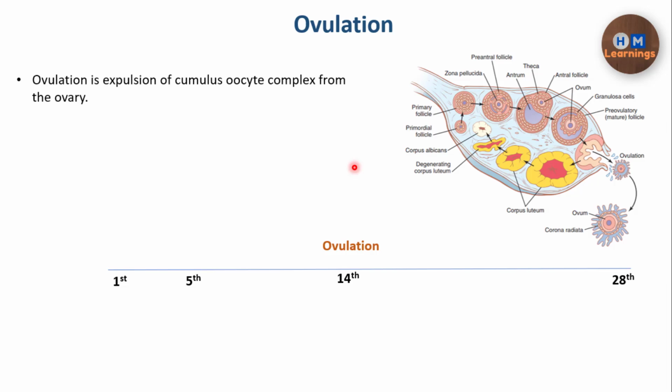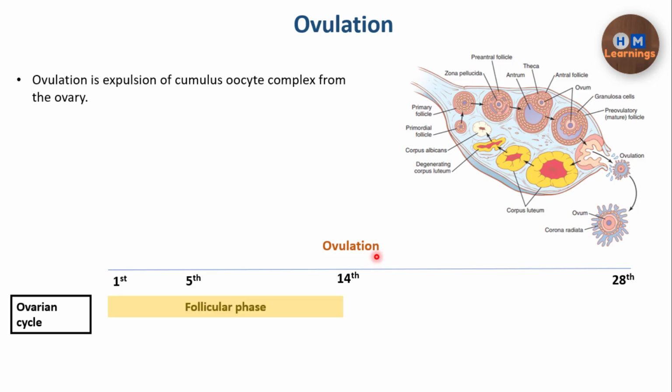It could happen from the 12th to the 16th day. In the ovarian cycle, ovulation tells us that there is a shift in the hormonal function of the ovary from predominantly secreting estrogen to predominantly secreting progesterone in the luteal phase. So it's a transition from the follicular phase to the luteal phase.